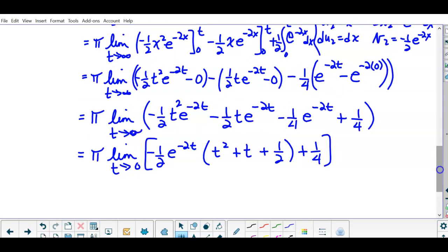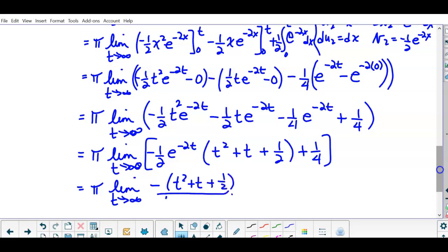And look at that, I changed that to infinity. Okay, to 0, it's supposed to be infinity. Okay, so now what we really have here is negative t squared plus t plus 1/2 over 2e to the 2t, plus 1/4.